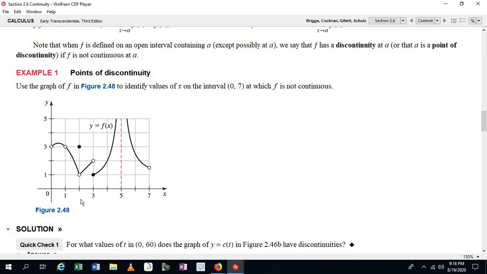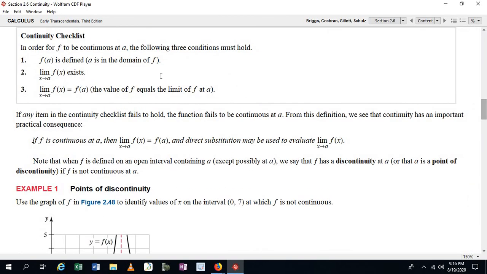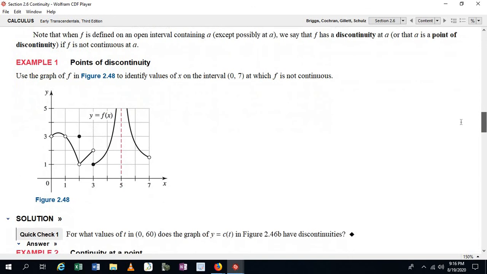Okay, what about at 2? f of 2 is defined. f of 2 is equal to 3, so the first condition's okay. The limit needs to exist as you approach 2 from both sides. If you approach from the right-hand side, the y value that you're getting closer to looks to be 1. And if you approach from the left-hand side, you're also approaching a y value of 1.